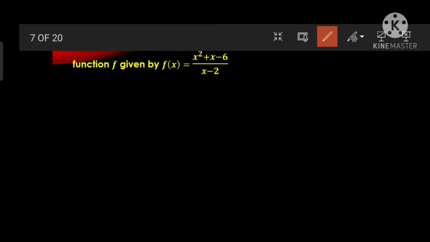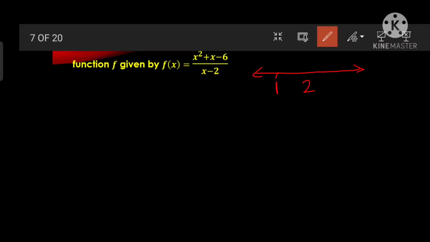So in this example, we begin with values from the left of 2. Let me illustrate using the number line. If this is 2, the closest number to 2 from the left is 1, right?